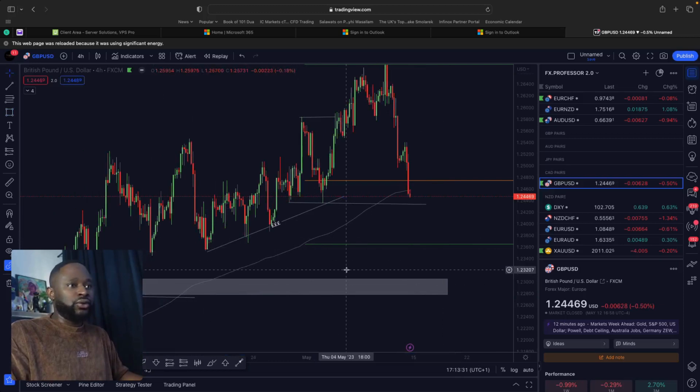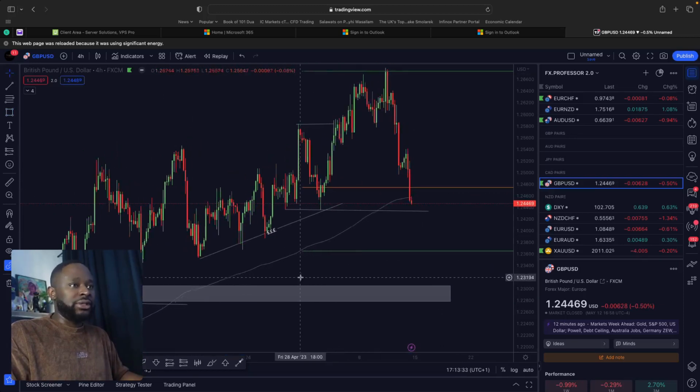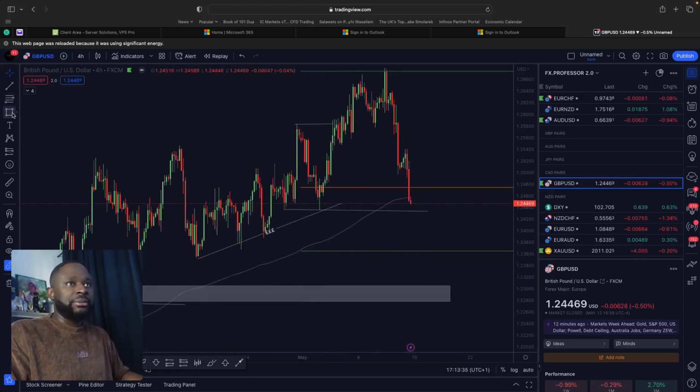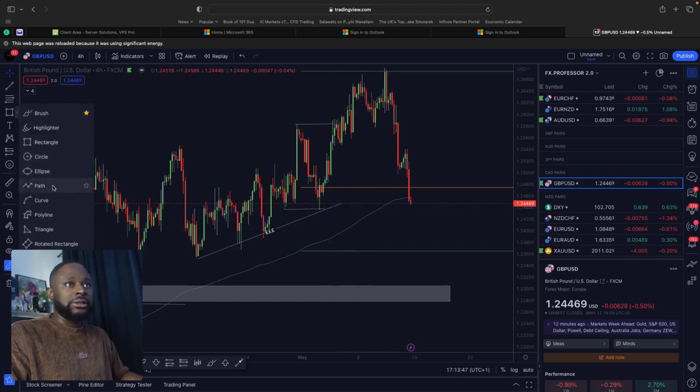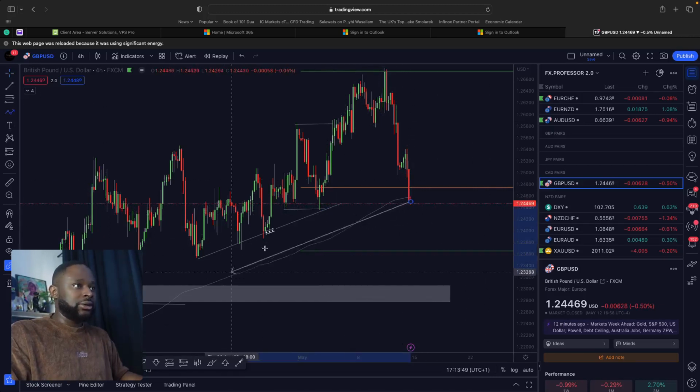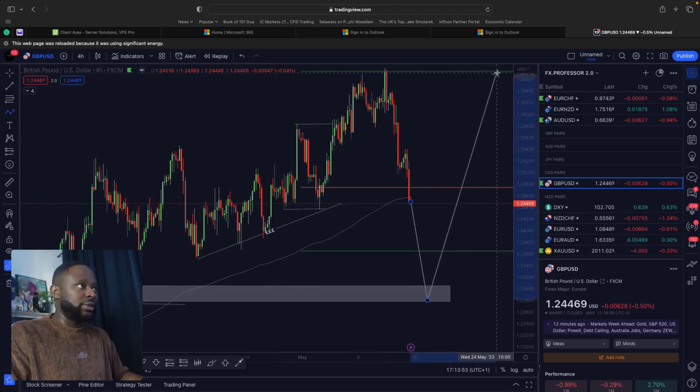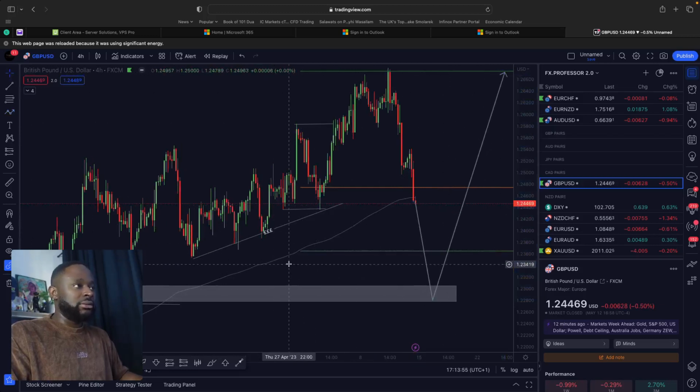So what would I love to see? I would prefer to see price, it's kind of similar to gold like I said, take out all this bunch of liquidity, including this equal bottom. Then let's see something like this. Take out all this liquidity there and boom to the upside. I like to see this play out.